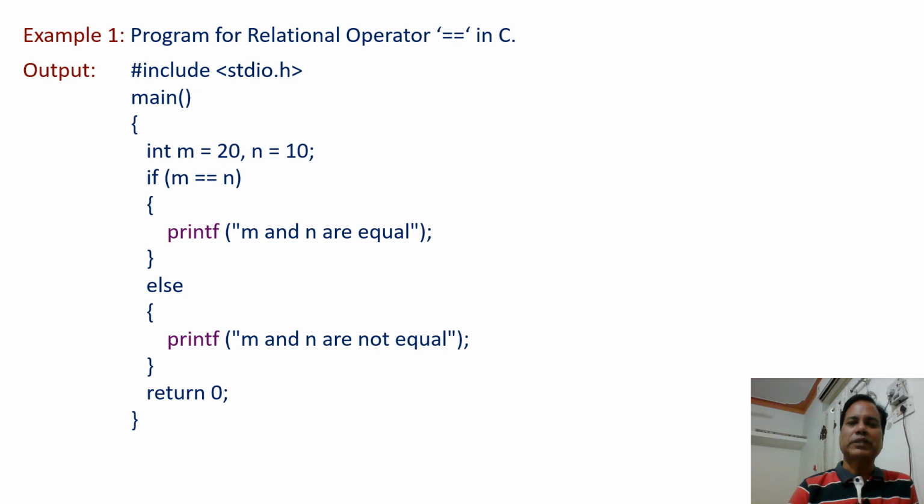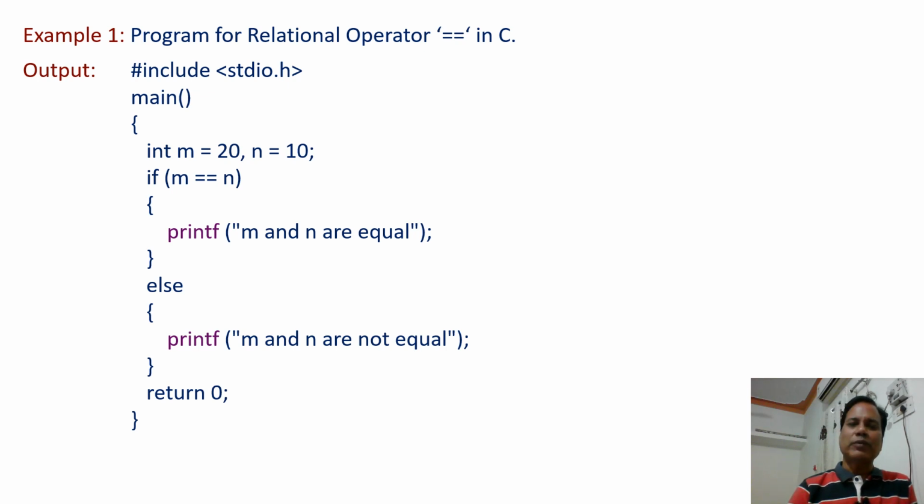The condition is false, so the else part of the if-else statement is executed. In the else part we print that m and n are not equal. This message is printed on the output screen.